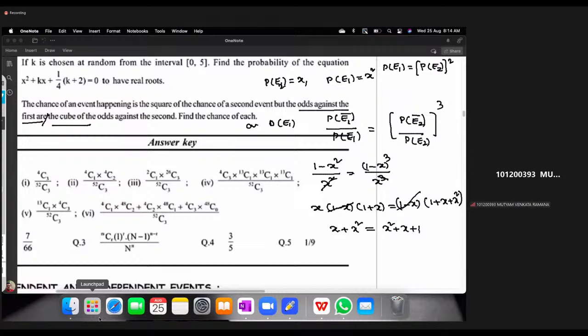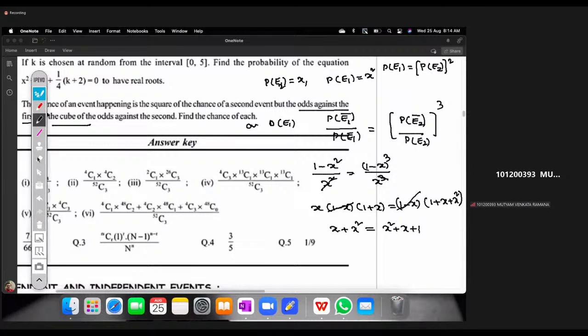Sir, on the RHS you're writing the expansion for 1 minus x cubed, not 1 minus x whole cube. Oh, okay. We can directly cancel. So x into 1 minus x into 1 plus x is equal to 1 minus x whole cube. So x squared plus x is equal to x squared minus 2x plus 1. x squared cancels. x is equal to 1 by 3.